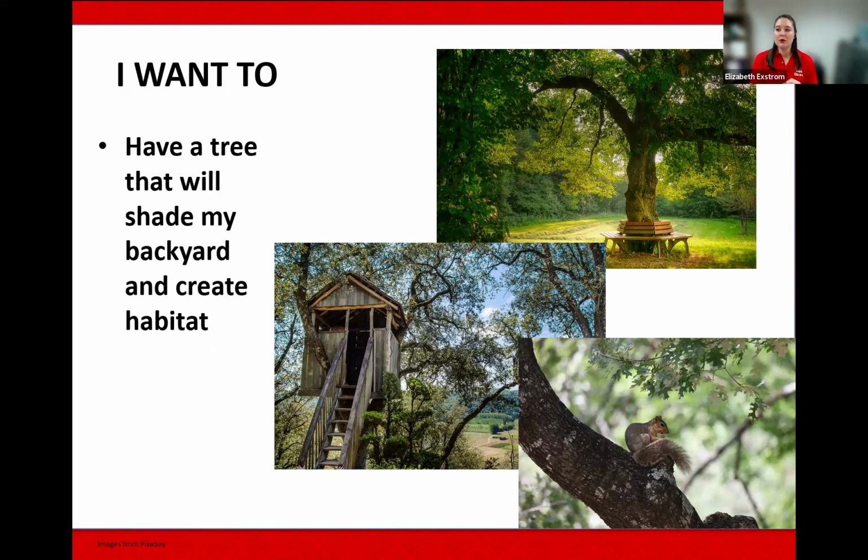And then we're able to select that plant material based on the growing environment. So we really open the door and we look at that function more when we change the way that we are thinking from I want A to I want to.